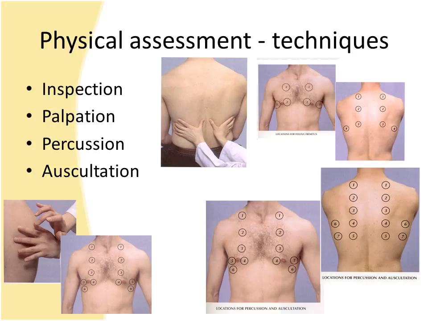Vibrations are strongest typically at the top, so in the 1 position. Accumulation of mucus, collapsed lung, lesions that block the vibrations, such as a tumor, will decrease the vibration. So any decrease in the vibration tells us there's something happening within the lung tissue itself.